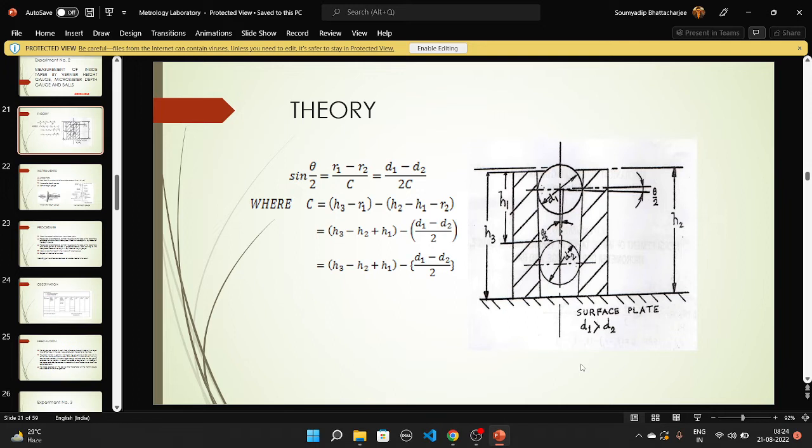Suppose by your eye you see the reading on the main scale is 11.5, but actually you have to take 11, because 0.5 is the graduation beneath the index line. When I say 11.5, it means it has just crossed over 11. This will be more clear probably in the class.